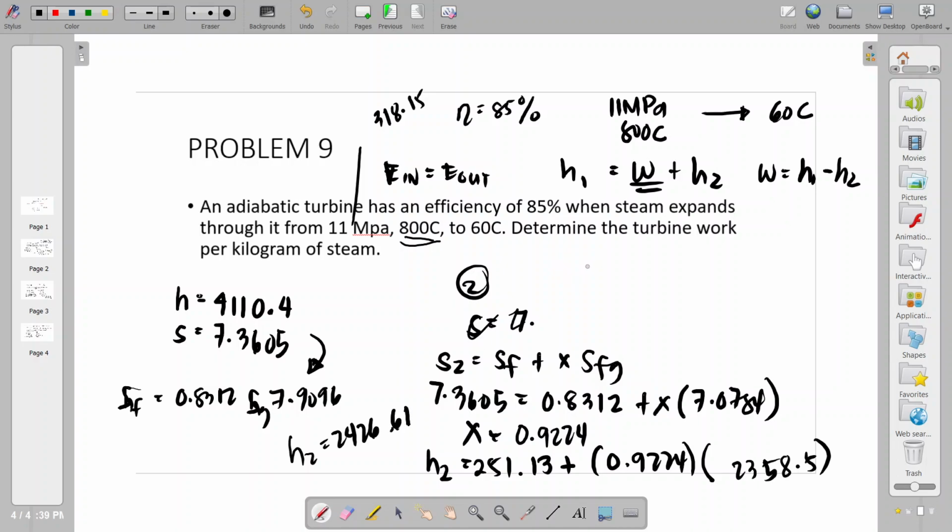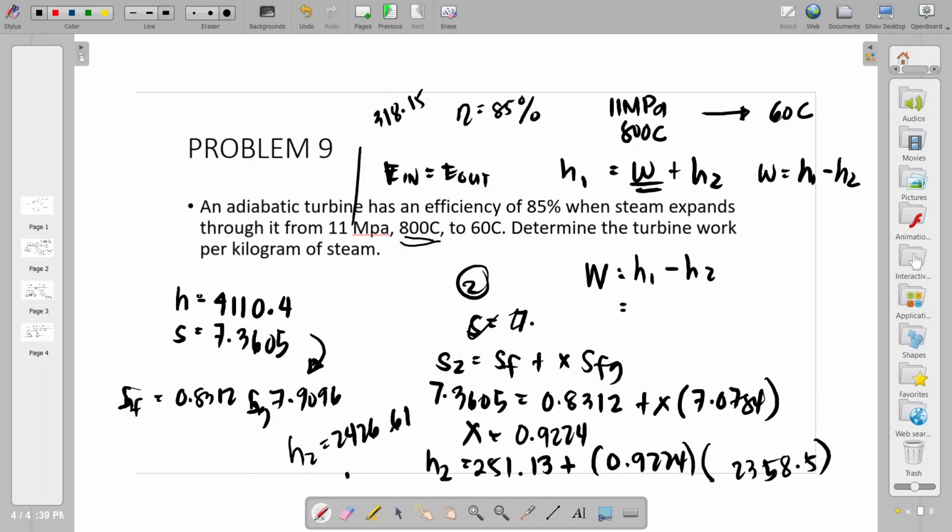Now, ang work natin, ang ideal work ng turbine natin is equivalent sa H1 minus H2.